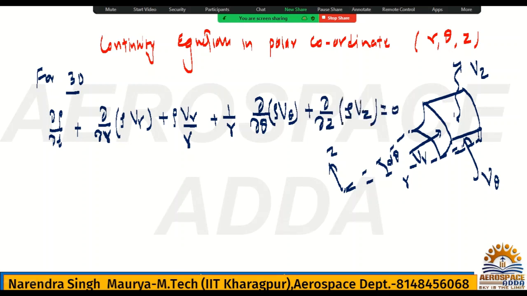Here vz is the velocity in the z direction because it is 3D. So this is the continuity equation in polar coordinates.